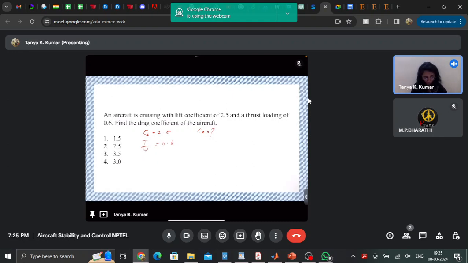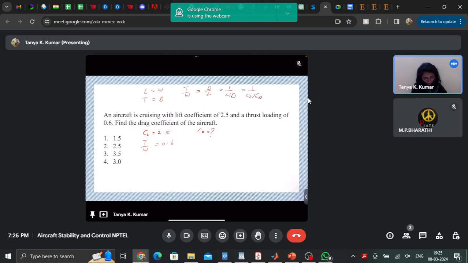The equation for steady level flight is lift equal to weight, thrust equal to drag. When you divide these, thrust equal to drag by the above equation, you get thrust by weight equals D by L, or 1 by L by D. So just substitute these values and you will be able to find out CD. This is just 1 by CL by CD.